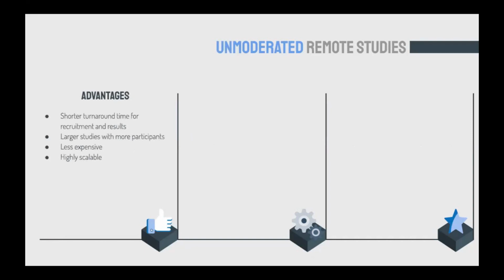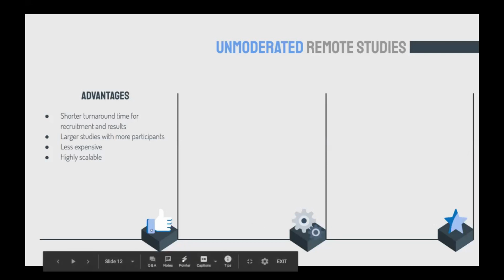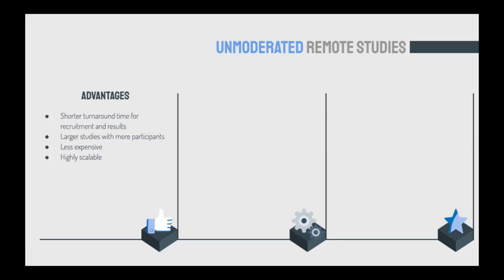Really, depending on the size of what you're working on and everything else you're doing in the study, that dictates how many participants you need. But remote studies allow you to scale up an entire study or test very easily.